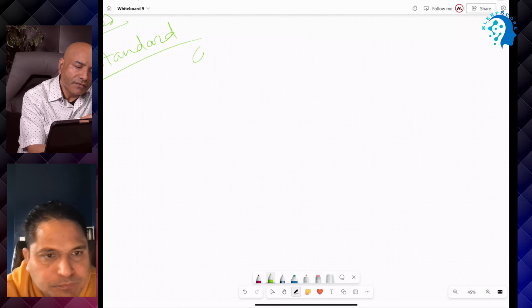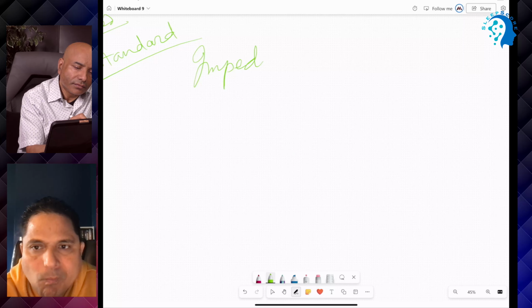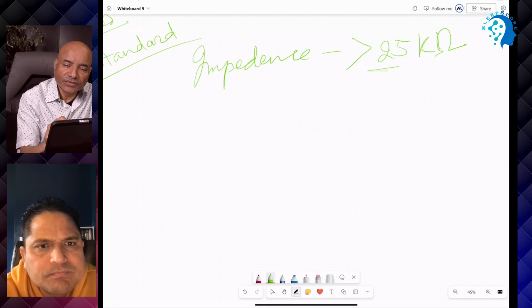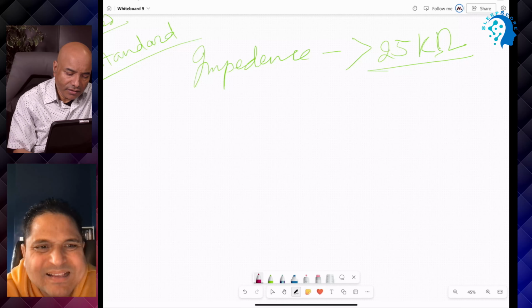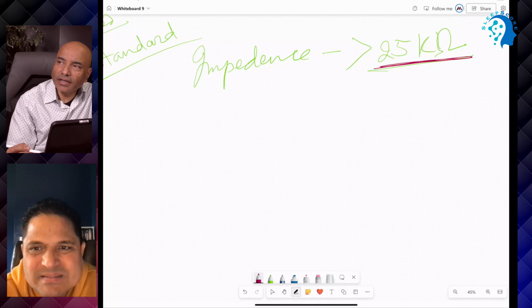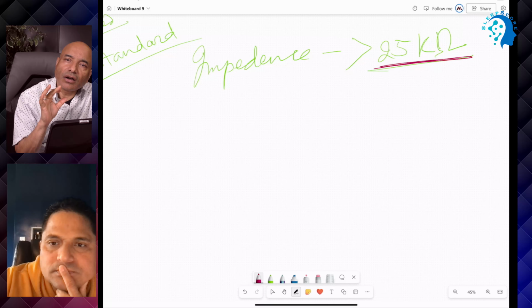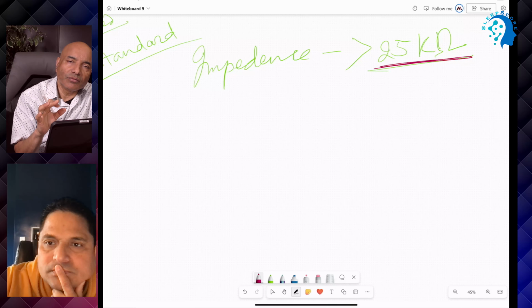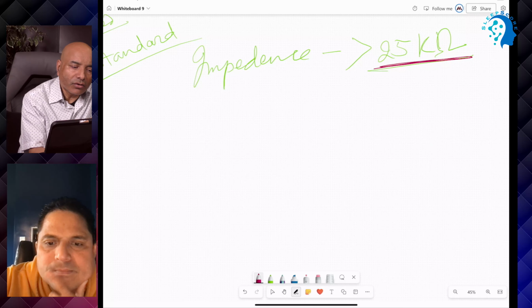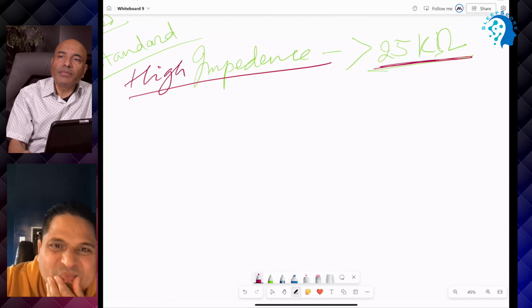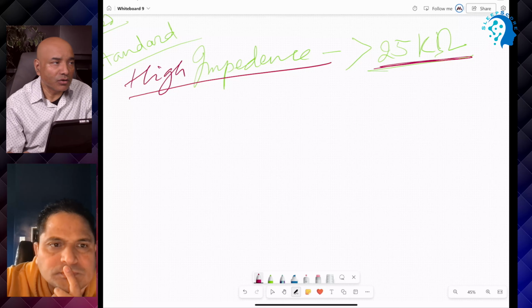If the impedance value is greater than 25 kilo ohm, then the signal looks bad, the signal doesn't look good. Okay, that's one problem. It says what the common errors, the problems, are. What kind of error can we see? The first error is high impedance. If the impedance is high, the signal will not look good.